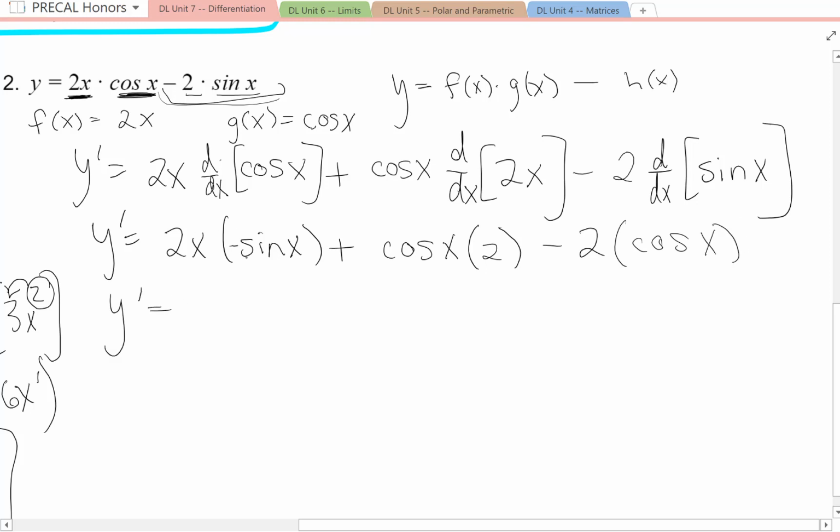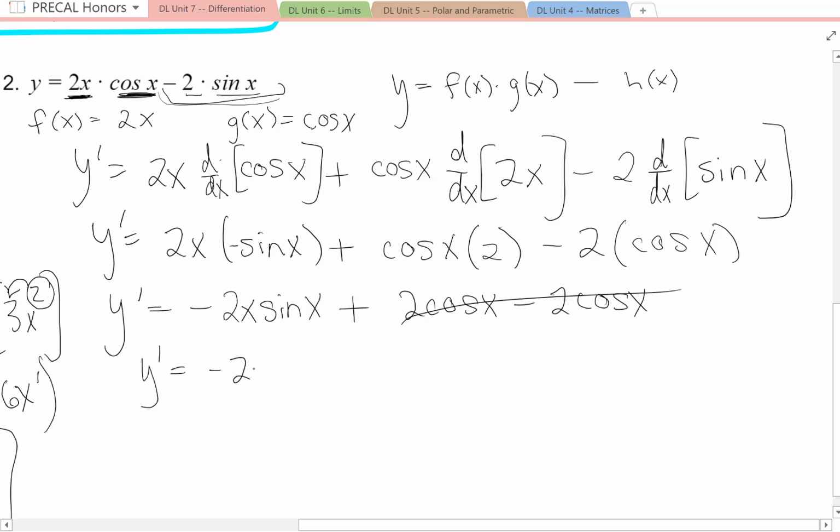Y prime equals, now we're going to clean it up, so negative 2x sine x plus 2 cosine x minus 2 cosine x. Oh wait, that's 0. So it's going to simplify even more to negative 2x sine x as our derivative.